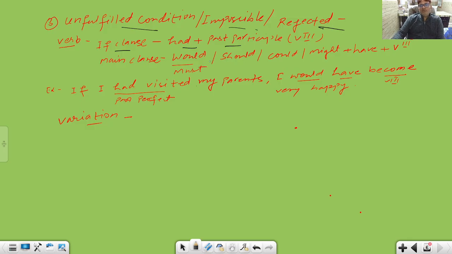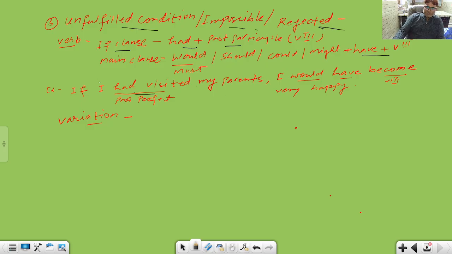The main clause takes would, should, could, might, like the second condition, but we change them into perfect form, that is have plus third form of the verb. So this is the third condition. We call it unfulfilled condition. Now we take some examples. If I had visited my parents, I would have become very happy.